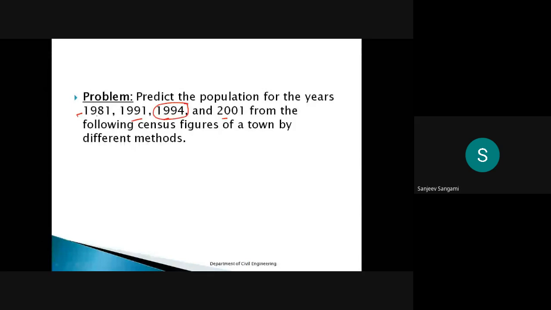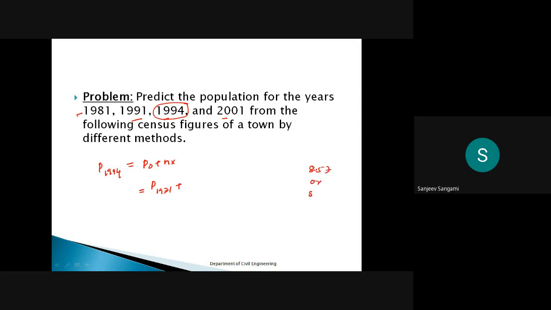But if you want to calculate P at 1994, then you have P naught, that is the last known population at 1971, plus n x, where x will always be constant, that is 8.57 or 8570. But n will be how many years?